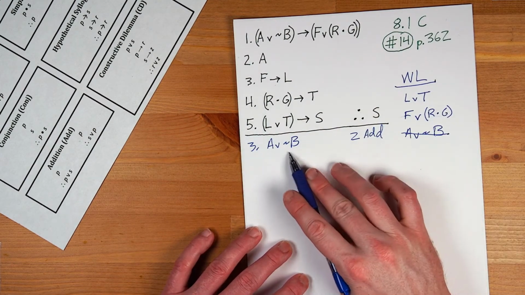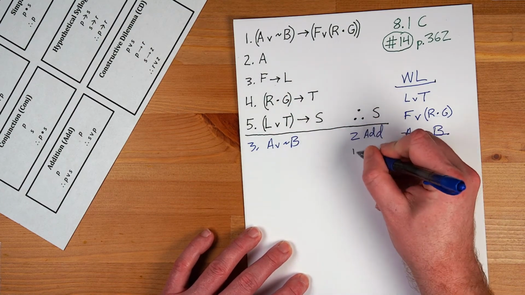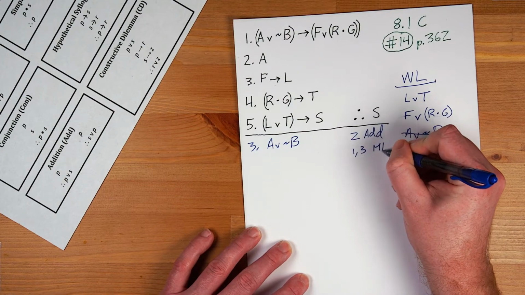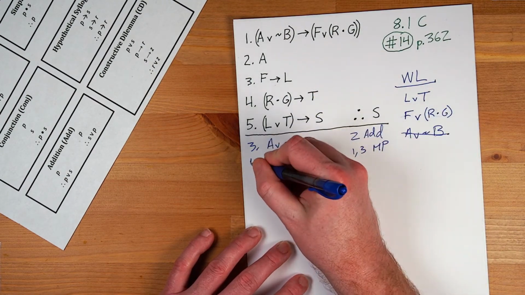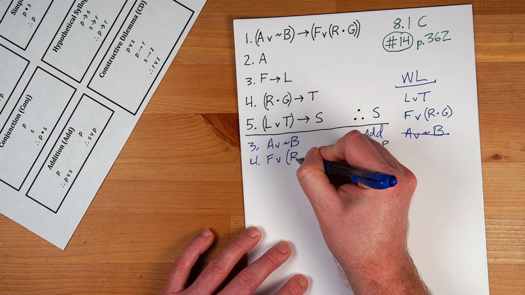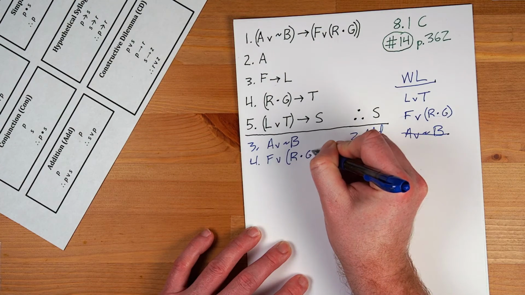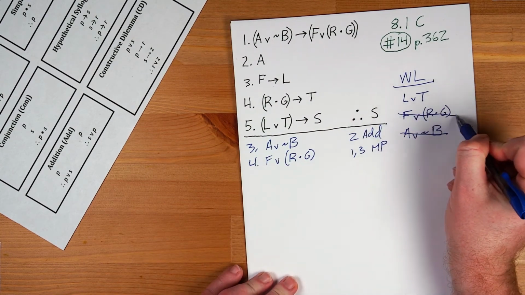And then we can use our new line 3 with 1. So 1 and 3 together, and we'll do modus ponens, and that's going to give us this. So we get F or R and G. And we can cross that off the list.